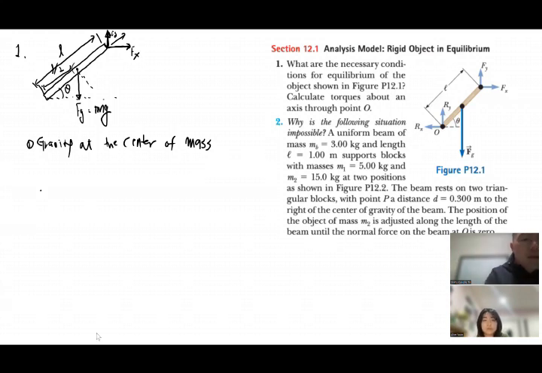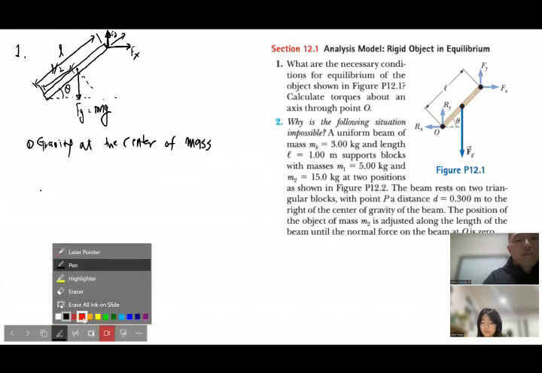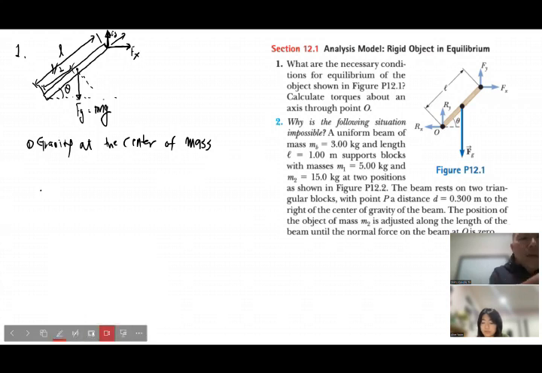So you look at the, let me change the color. Hold on a second. If you look at the torque applied to this spot, that is gravity, and the radial vector is upward with angle theta.